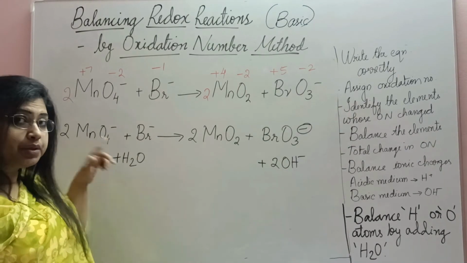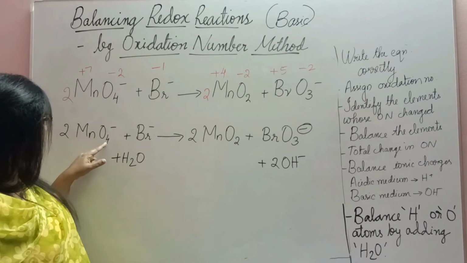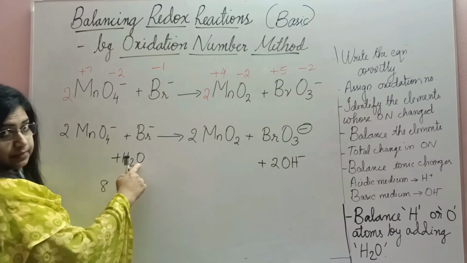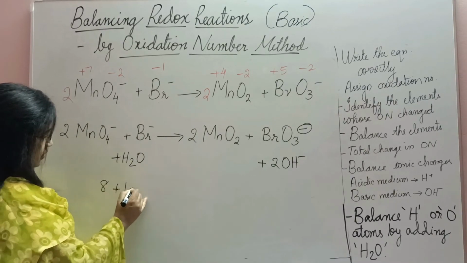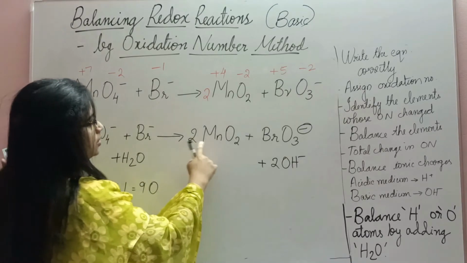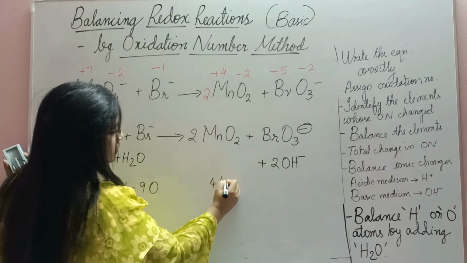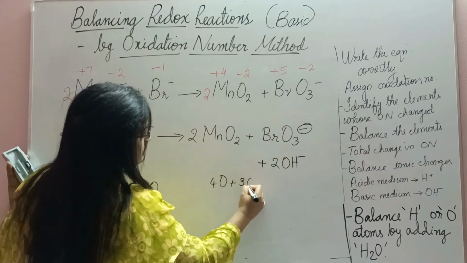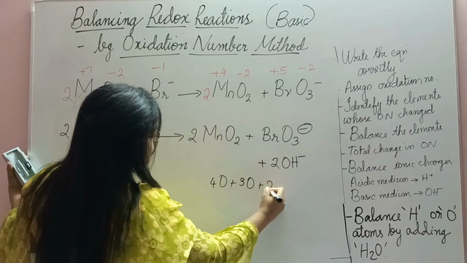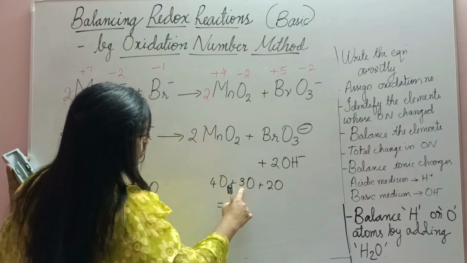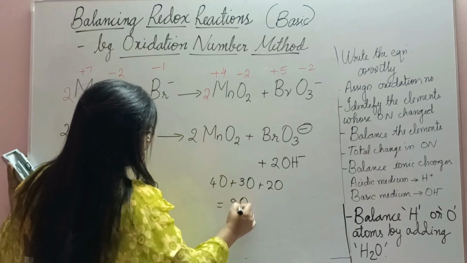When you put one water molecule here, there will be 2 hydrogen atoms. Now count how many oxygen atoms are there. Here 4 2s are 8, there is 1, so 9 oxygen atoms. Here 2 2s are 4 plus 3 plus 2. So 4 plus 3 is 7, 7 plus 2, 9 oxygen atoms.